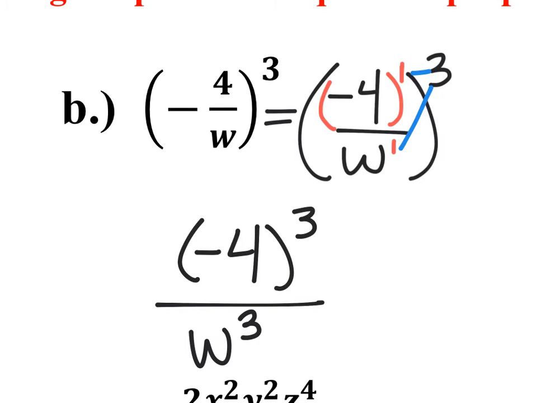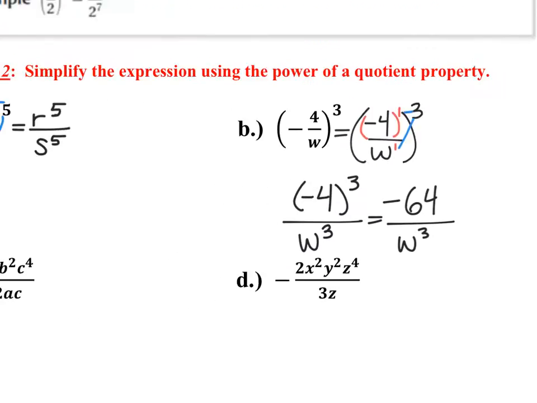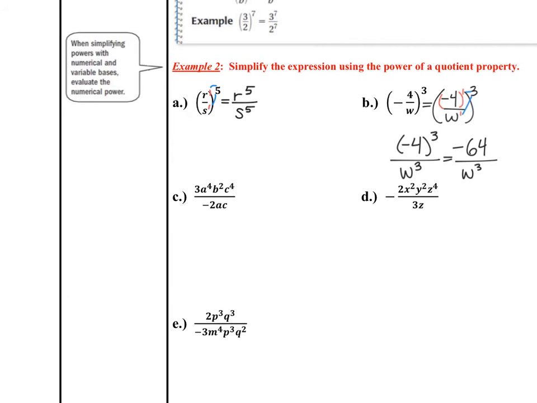So we expand it and then evaluate. So it's -4 times -4 times -4. -64. Because -4 times -4 is 16. 16 times 4 is 64, but it's negative because positive times negative is negative. Woo!